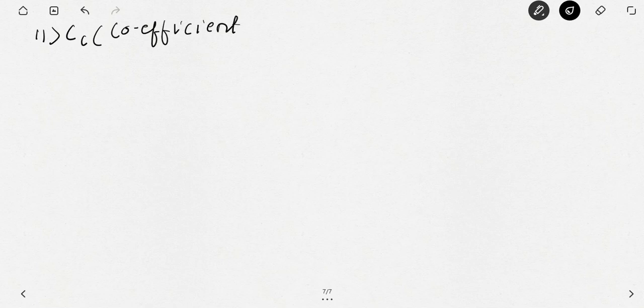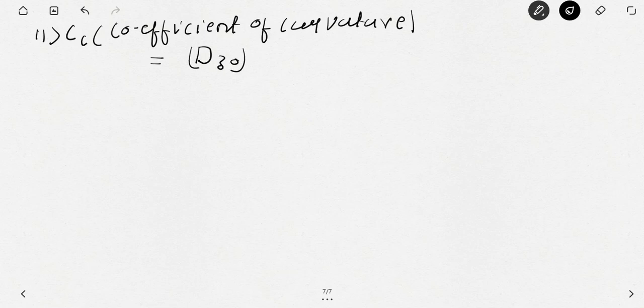So the next shape factor which we have is Cc. It is termed as the coefficient of curvature, and it is calculated as the ratio of D30 squared divided by D10 multiplied by D60.